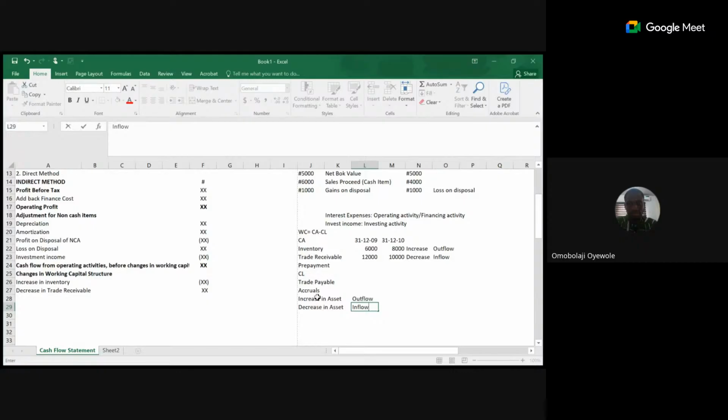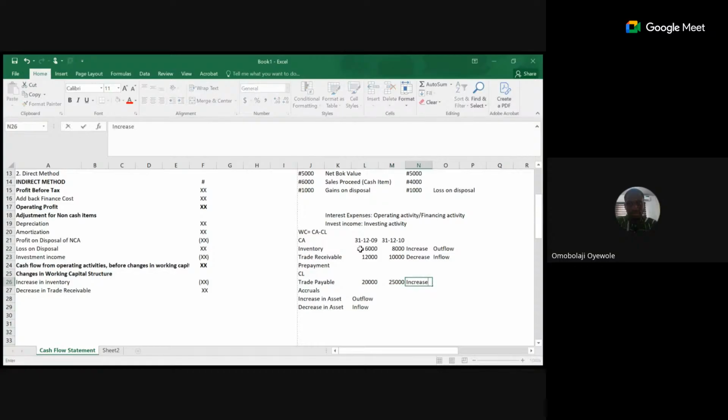Now, the reverse is the case when it comes to current liability. In current assets, if an asset is increasing, it is an outflow. Then for a current liability, for example trade payable, if it is increasing, that is an inflow. You look at it, 20,000 in 2009 and 25,000 in 2010.